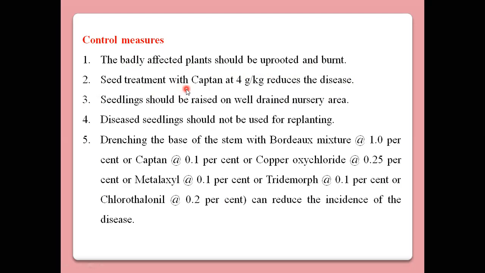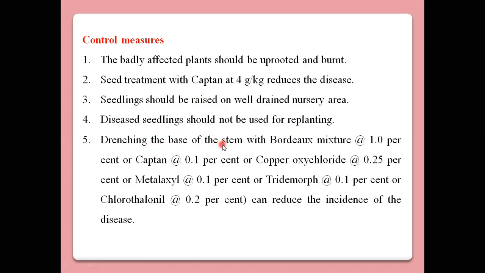Then seed treatment with Captan or Thiram or Bavistin at the rate of 2 to 4 gram per kg of seed, which finally reduces the disease. Third, seedlings should be raised in a well-drained nursery area because this disease is mostly seen in waterlogged soils. Then, diseased seedlings should not be used for replanting.